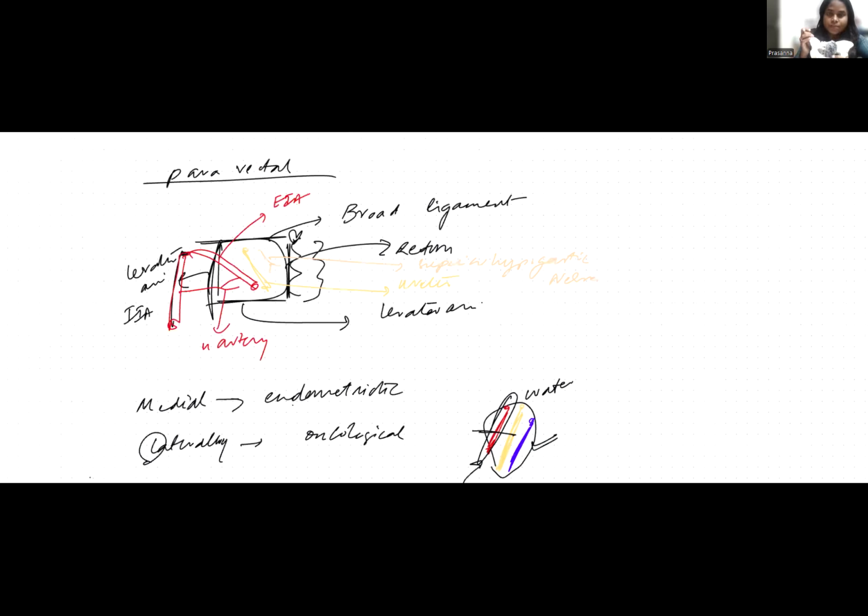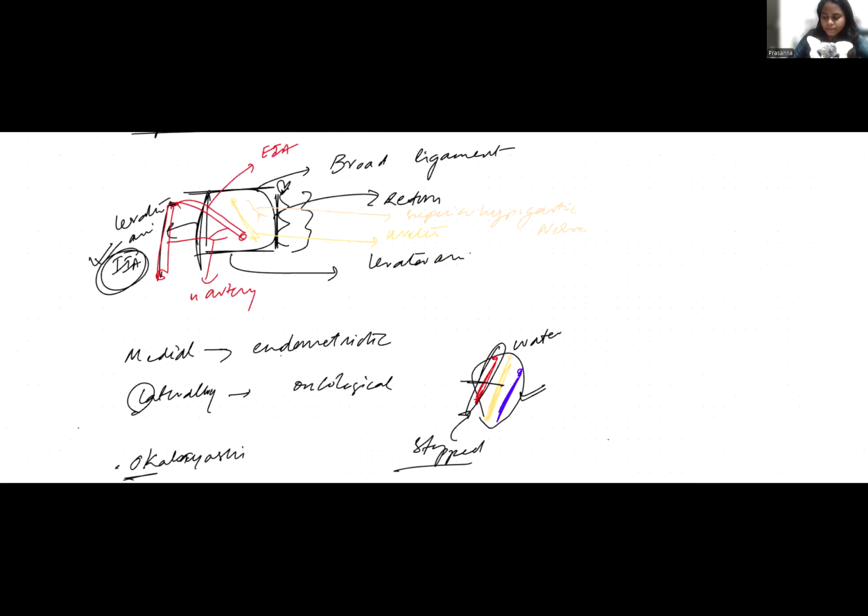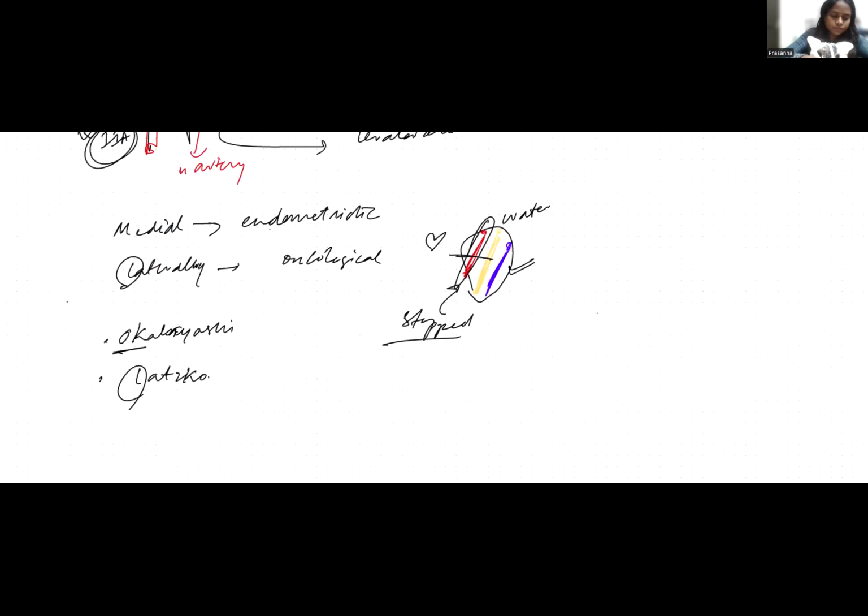Medially you have the ureter and mesoureter. The space is basically divided by the ureter. If it is medial to the ureter, it is the medial space. If it is lateral to the ureter, it is the lateral space. Understood?